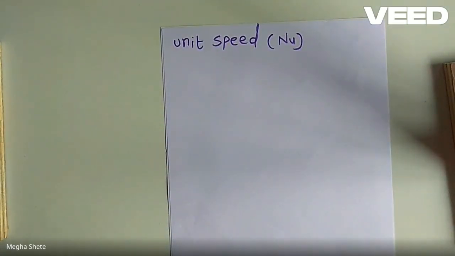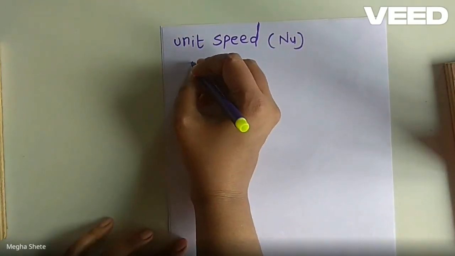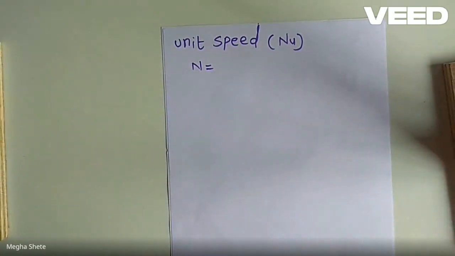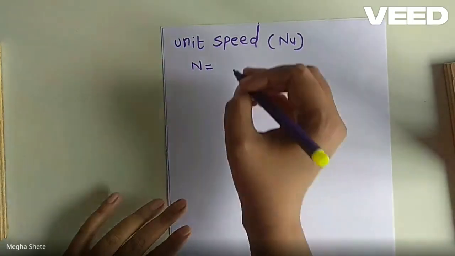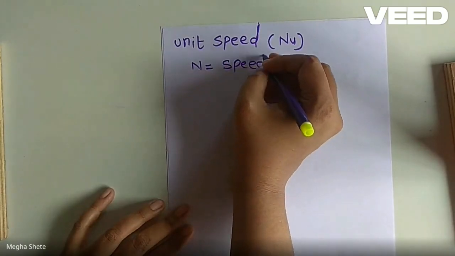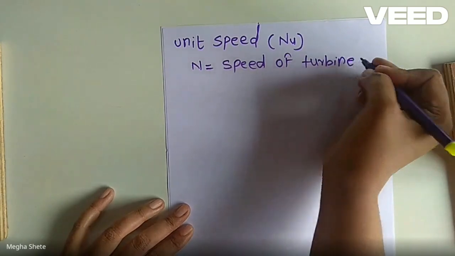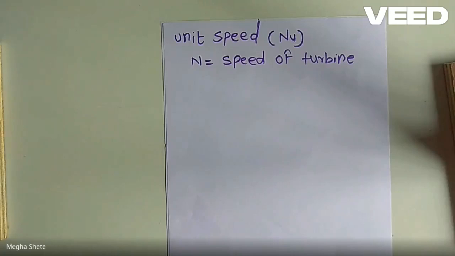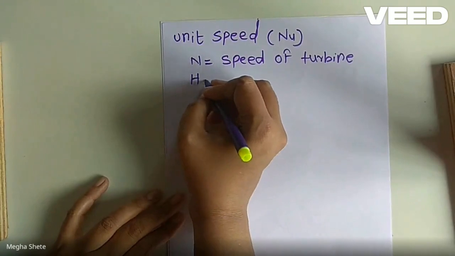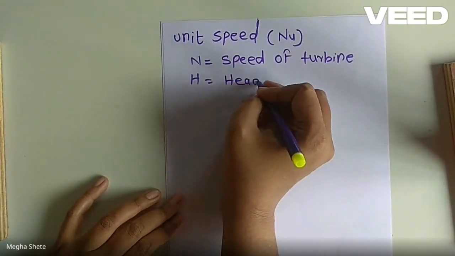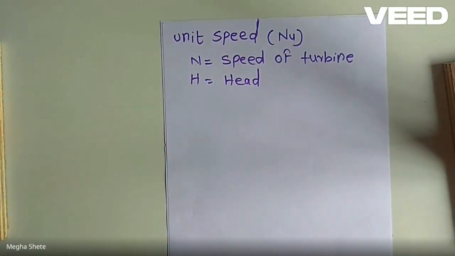The expression for the unit speed is obtained as below. Capital N is equal to the speed of the turbine under a head capital H. Capital H is equal to the head under which a turbine is working. Small u is equal to tangential velocity.